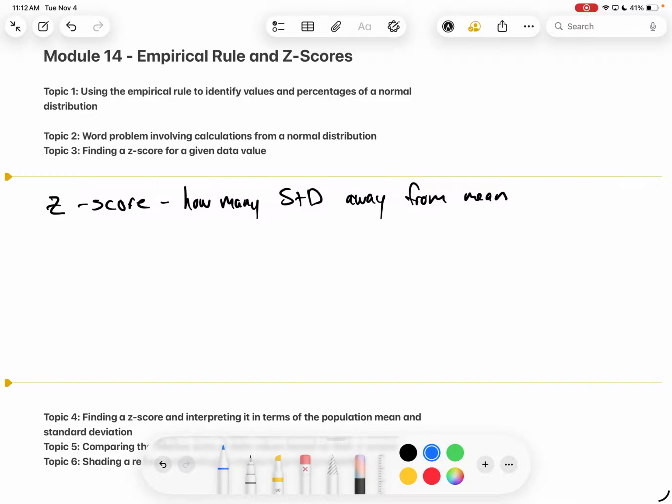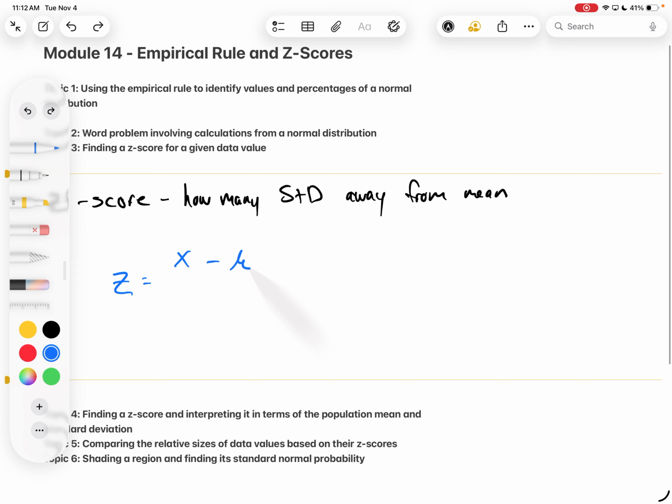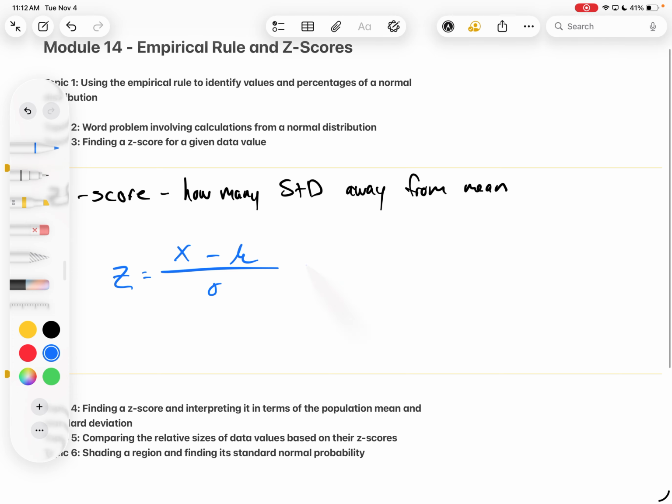All right, so the formula for a z-score is x minus the mean, kind of a terrible mean there, x minus the mean divided by the standard deviation. In words, this is the data value you're looking at, so your test score, your height, your whatever, the data value minus the mean divided by the standard deviation.